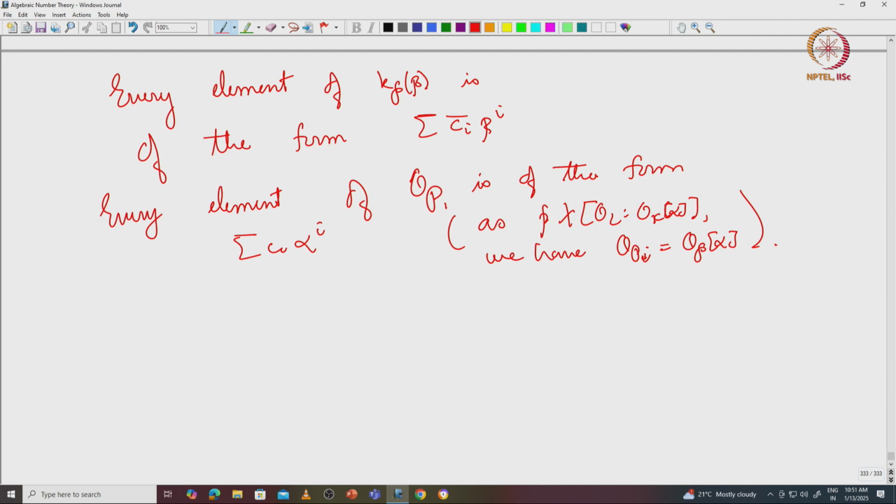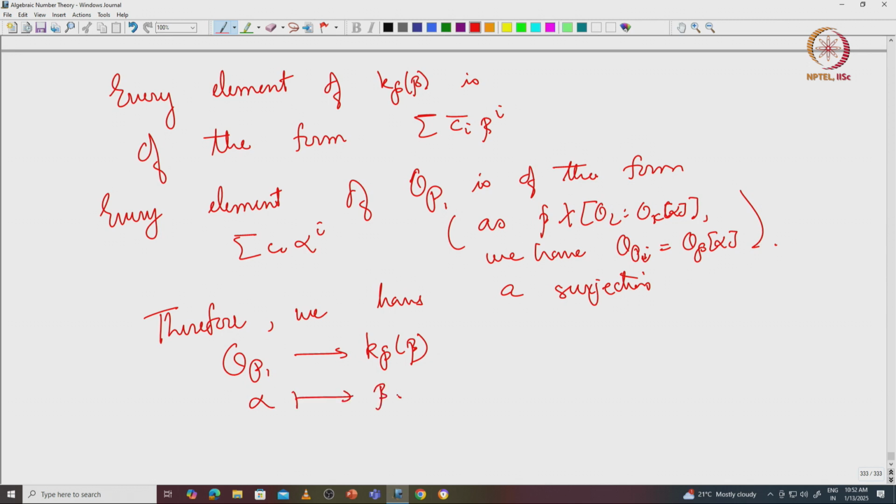Therefore, we have a surjection from O_{p_1} to k_p(beta), where alpha maps to beta, and this induces an isomorphism k_{p_1} to k_p(beta).